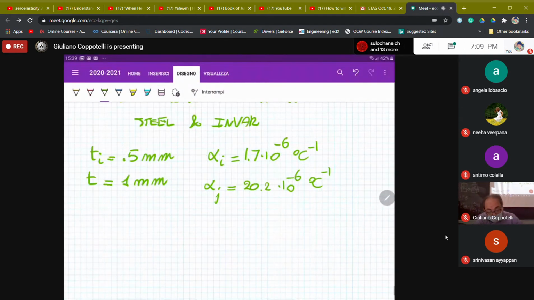As a result, we got M equal to 1, N equal to 0.75. I already made the calculations.